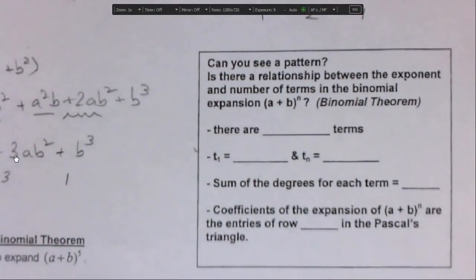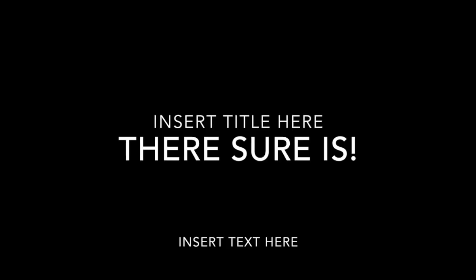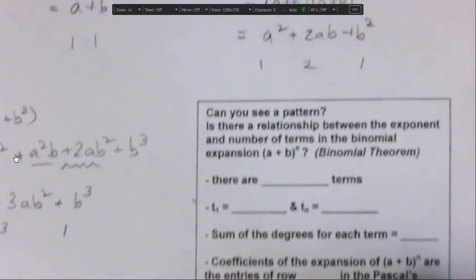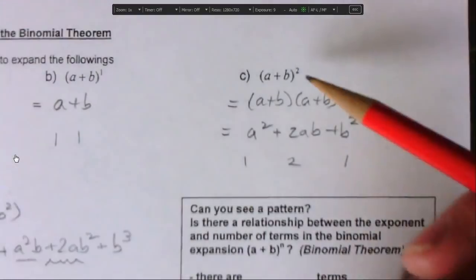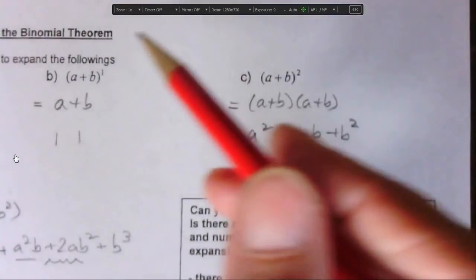Let's go to this box. Can you see a pattern? Is there a relationship between the exponent and the number of terms in the binomial expansion of a plus b to the n? There sure is. So, in the expansion of a plus b to the n, how many terms are there? When n is 2, we have 3 terms.